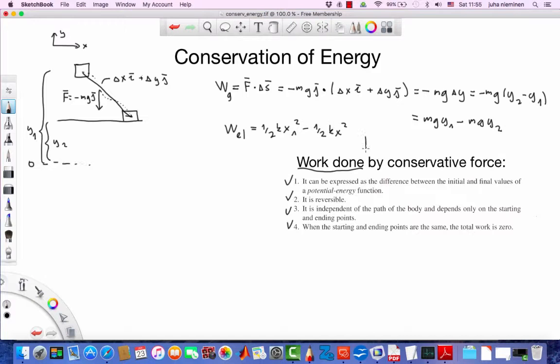So when we have a wall and some spring, and let's say we have an initial x equals 0 there, so that displacement is x1, and then it is pulled back to some final position x2.